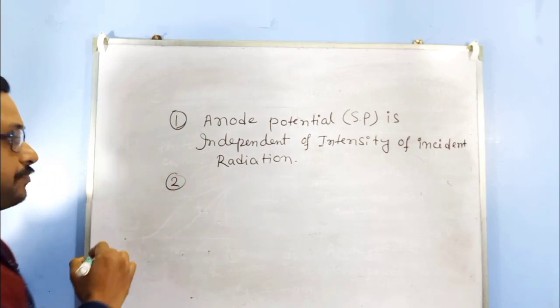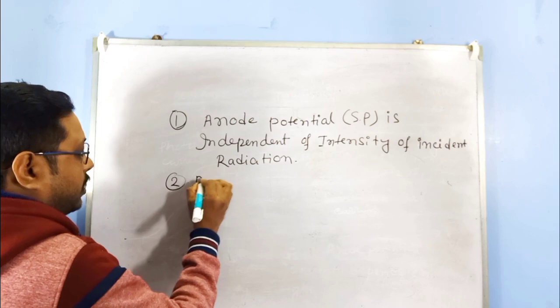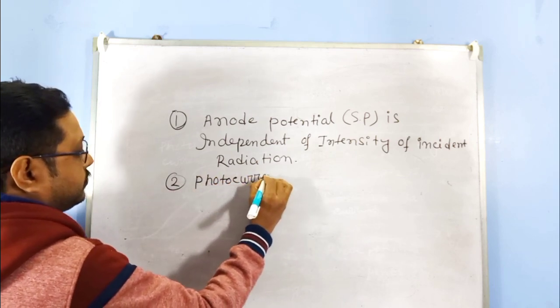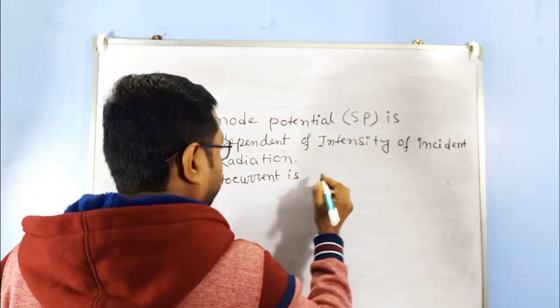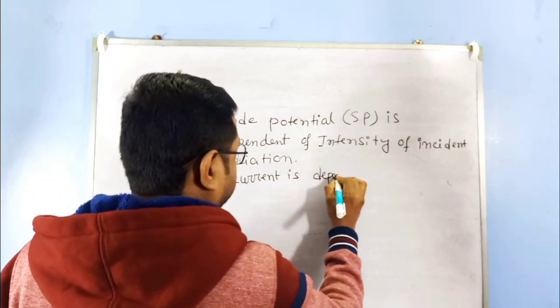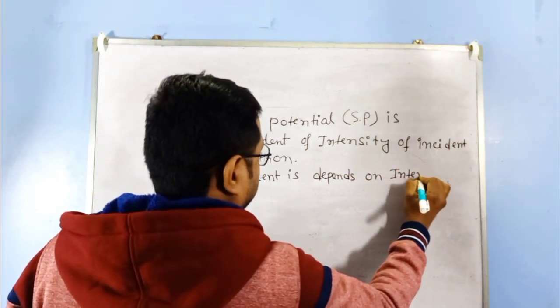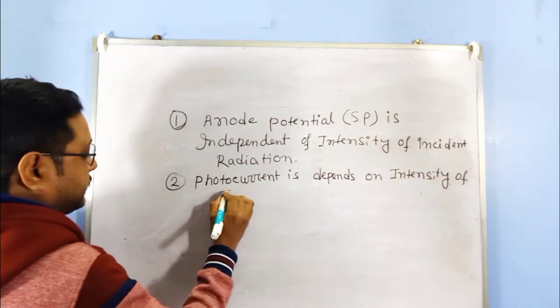Number 2, photocurrent depends on the intensity of incident radiation.